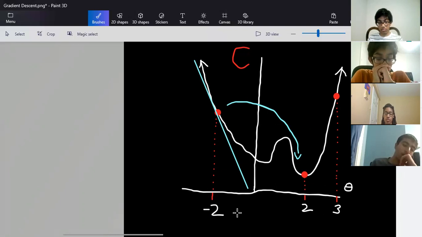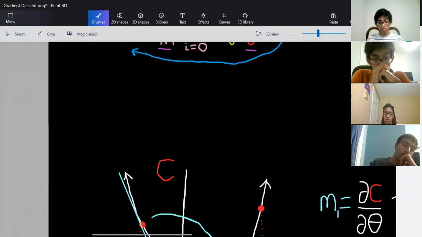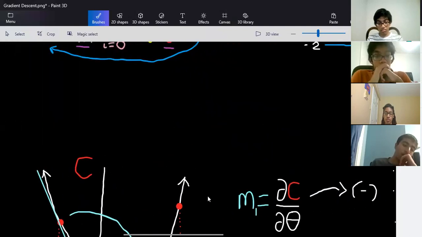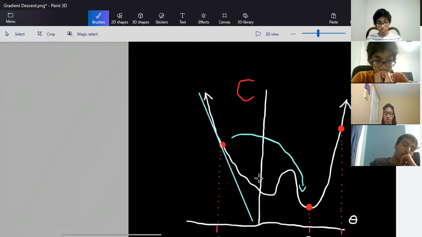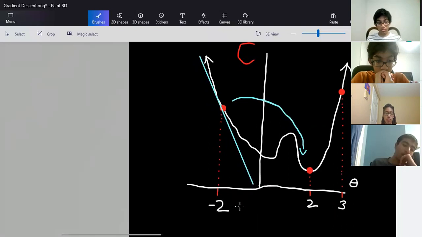So theta needs to get bigger. If it goes more in this direction, then the resulting cost will decrease. So keep in mind that trend for a second. The derivative we just got at this point is negative, and the way we want the slope to change is positive.